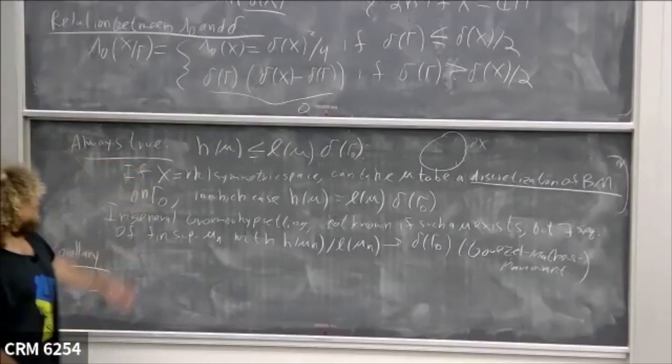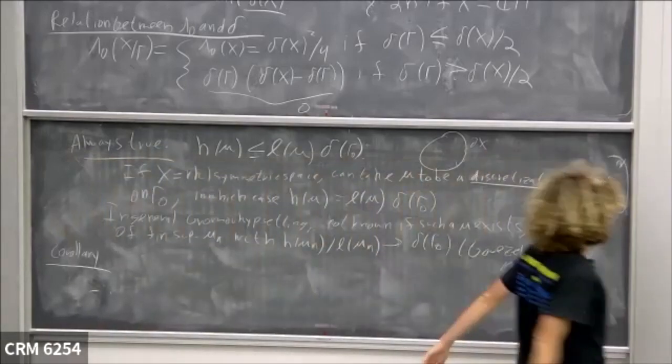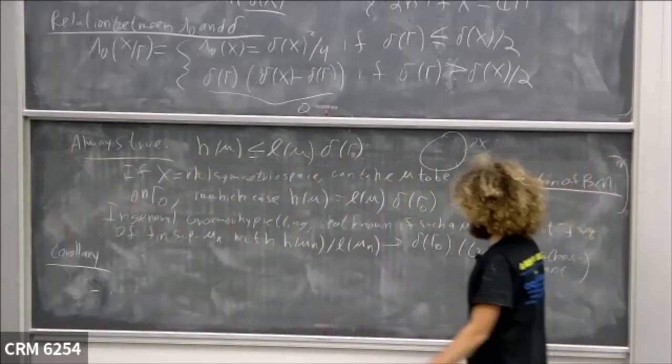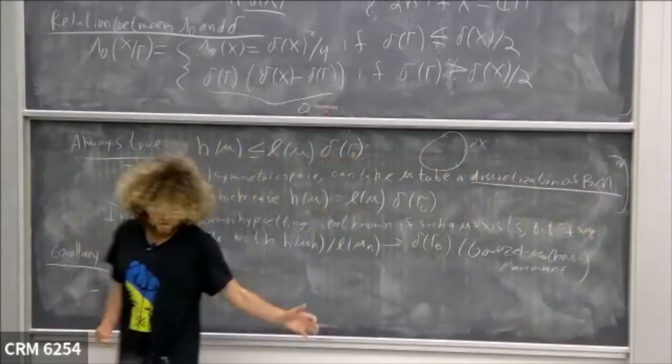A special case of stationary random subgroups are invariant random subgroups, which are stationary for anything.